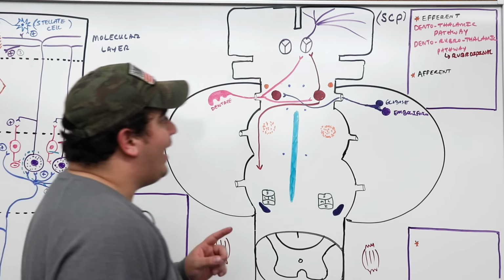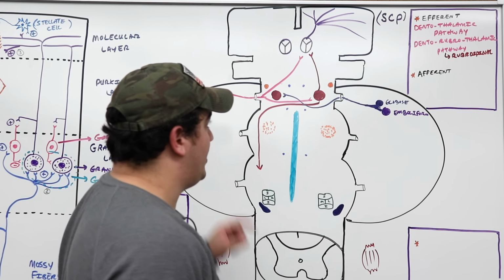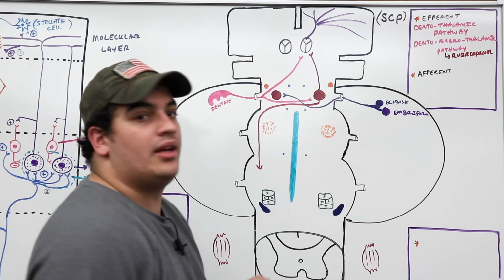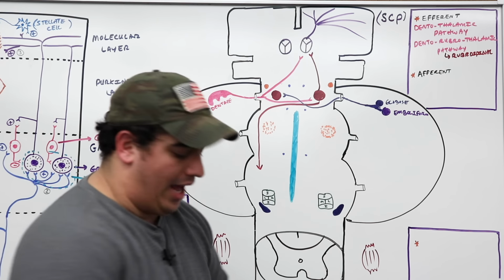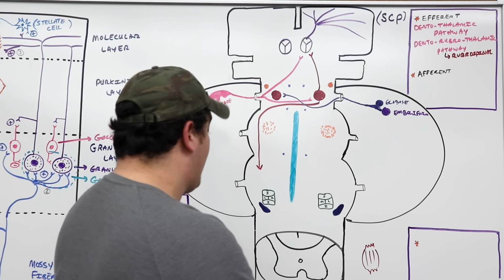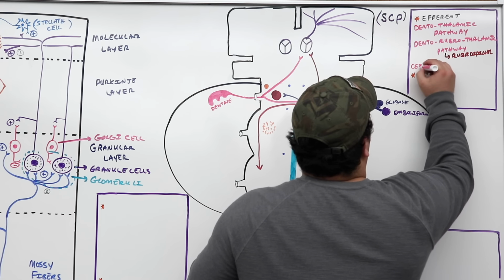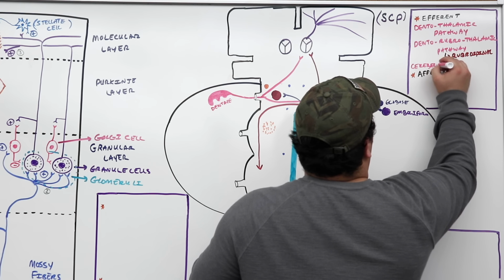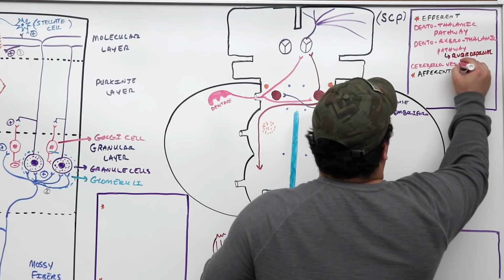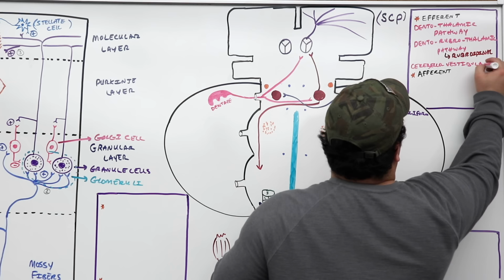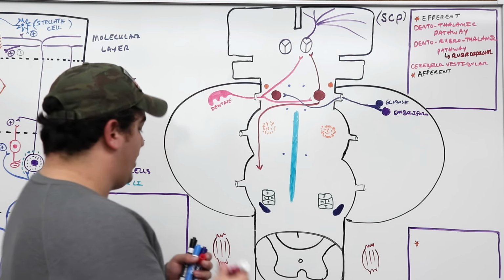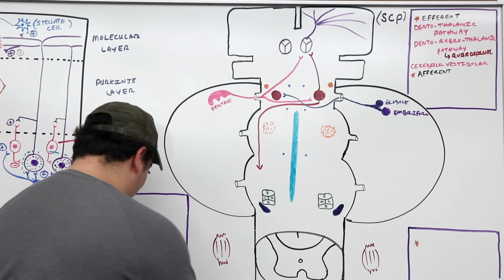Another pathway that can happen, it's common in both areas, is you also have another one which is called the cerebellovestibular pathway. Okay, let's write this one down here. Cerebellovestibular pathway. So what happens here is, this one is actually extremely weird.